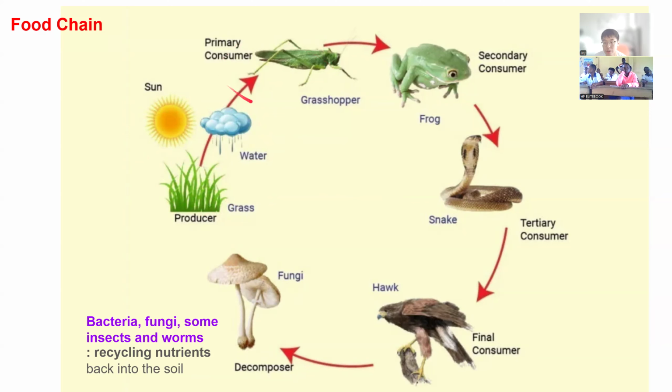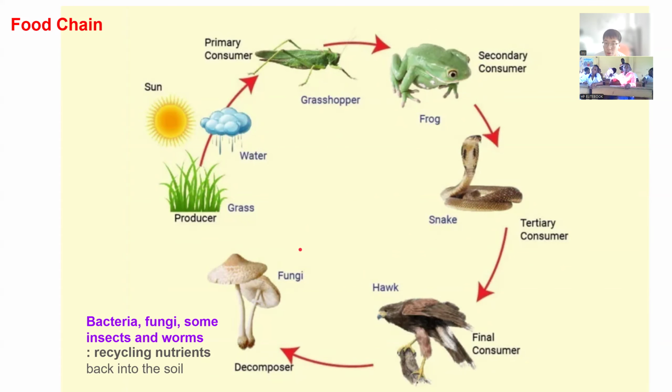And the primary consumer, like the grasshopper, eats the grass. Then a secondary consumer comes, like the frog, which eats the grasshopper. And a tertiary consumer, like the snake, eats the frog. And finally, there can be another step of consumer at the top of the food chain, such as a hawk. A hawk can eat a snake.